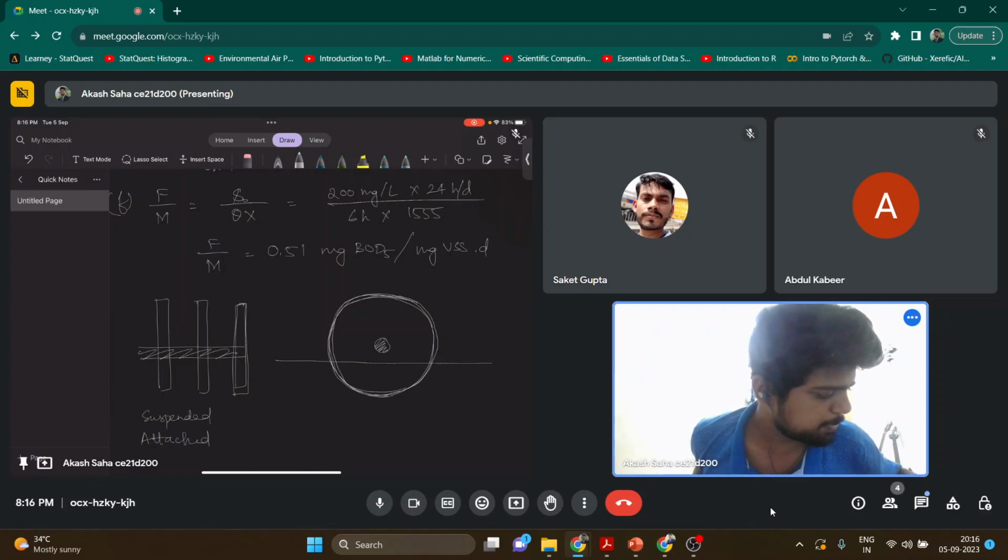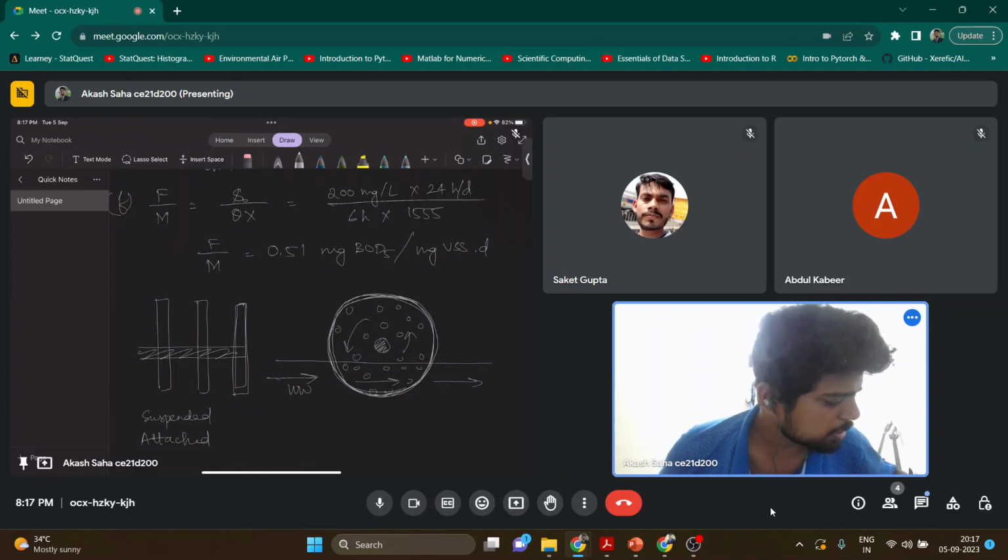So this plate serves as a media for the growth of microorganisms. Suppose the wastewater is flowing in this direction. When the wastewater comes and gets in contact, this disk is continuously moving. So my wastewater is getting in contact with this media, and on this disk there will be growth of microorganisms.